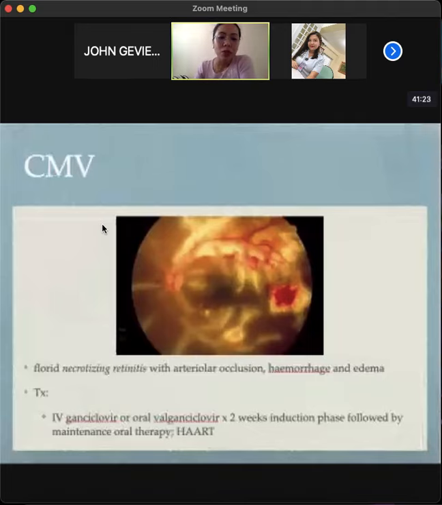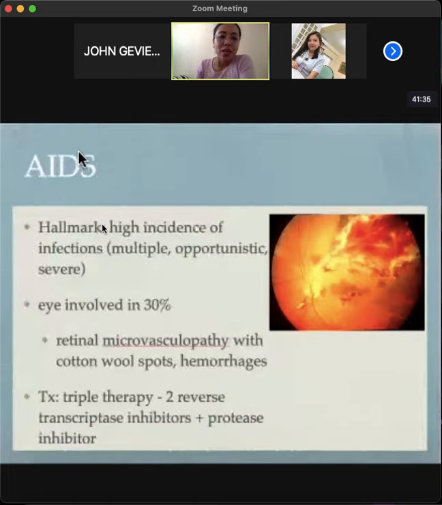So treatment would be first initiation of ganciclovir, then followed by initiation of your HAART for AIDS. AIDS, again, caused by your HIV, and then it does not spare the eye. So there are a lot of eye manifestations of your AIDS.